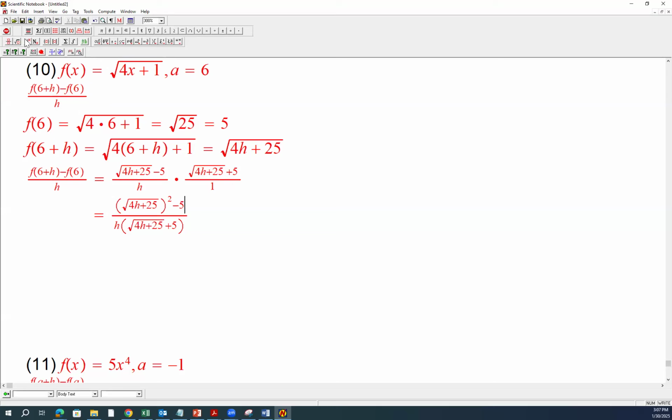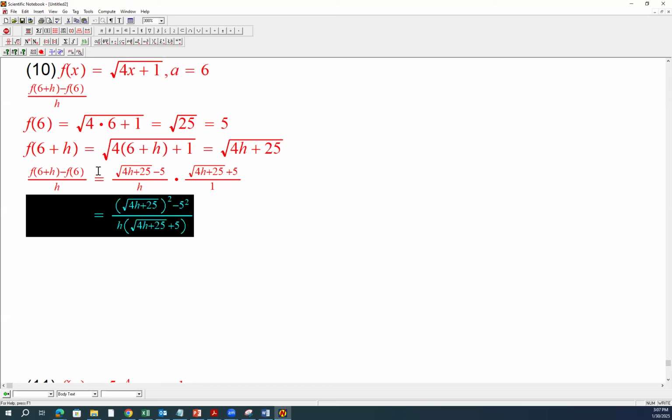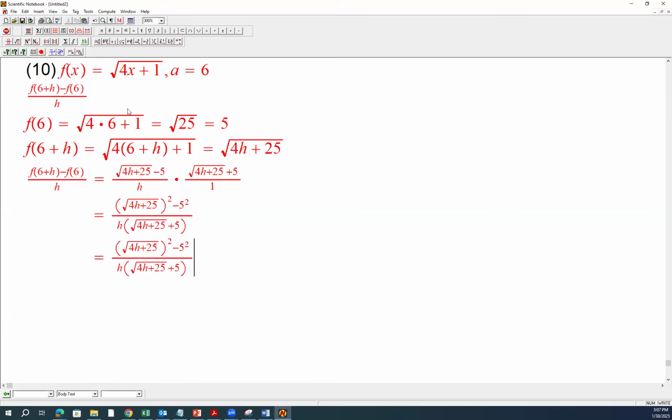All right, b squared. And then equals, the first square is just going to be 4h plus 25.